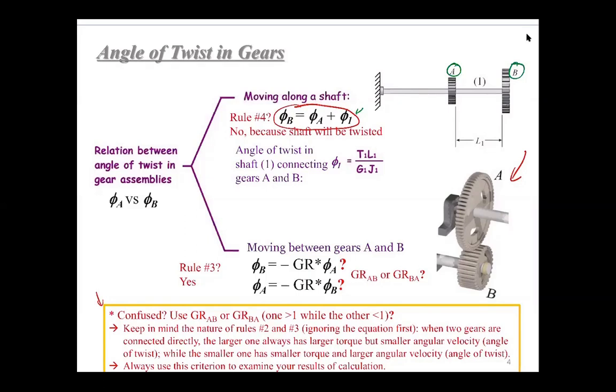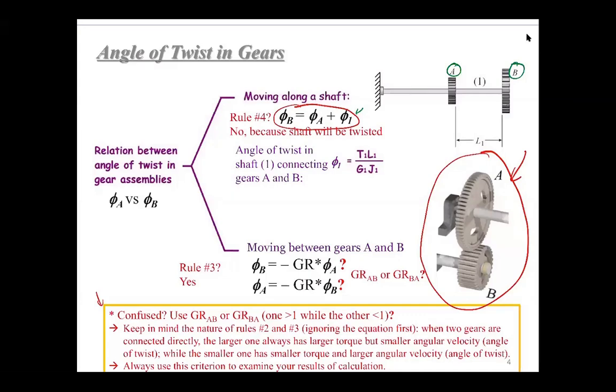Only when they are directly connected, and you can define a gear ratio, the larger gear always has larger torque and smaller angular velocity. So this is the golden rule.